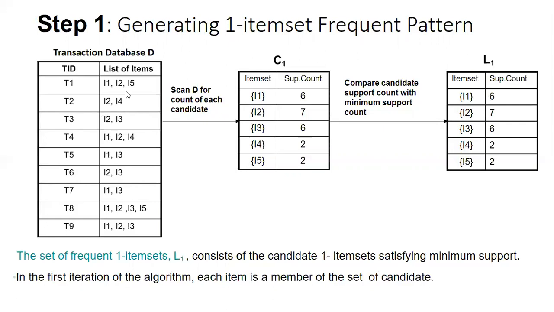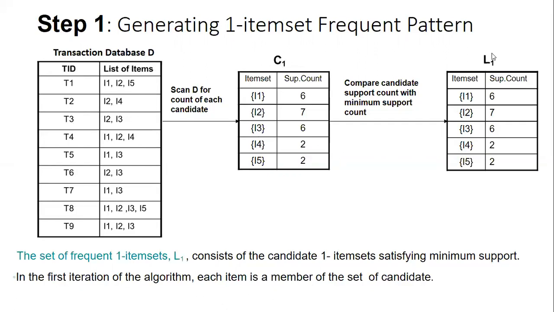This is the original database, which will not be changed. Remember, first we scan the transaction database D and count the occurrences of each item. So we have I1, I2, I3, I4, I5, and this we call the candidate item set.